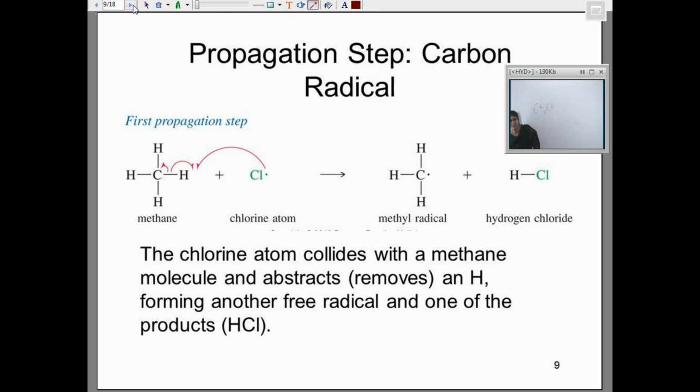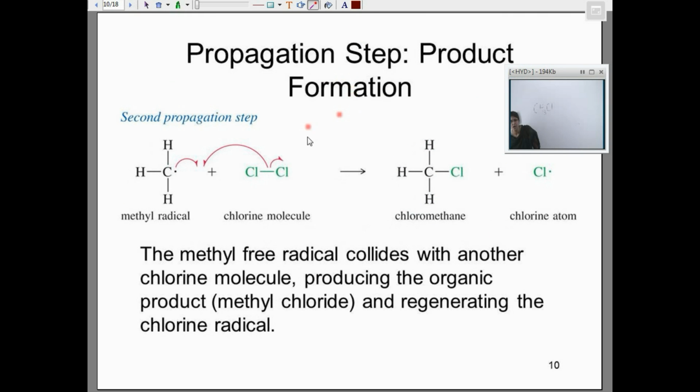Now, what is the next step? Have you understood this one, children? Yes, ma'am. How this radical is formed? Okay, now look next. Now this methyl radical reacts with a chlorine molecule. Between the chlorine atoms there is a single bond, which means 1 electron here, 1 electron here.